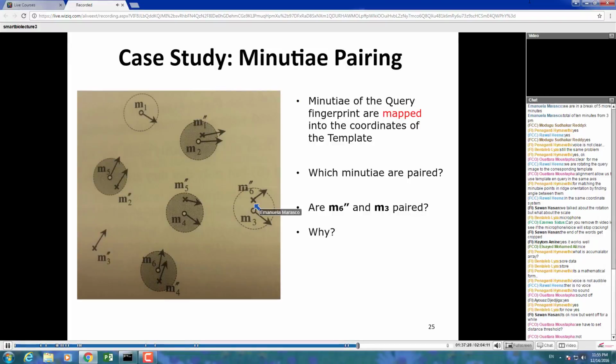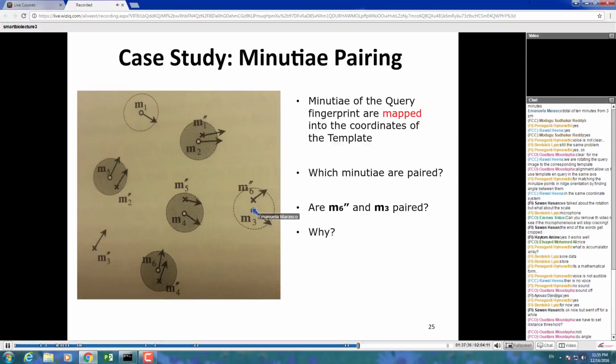The answer is not simply that the orientation is different. The correct answer, according to the algorithm used for pairing minutia, is that the difference in orientation between the minutia is not less than the orientation threshold.